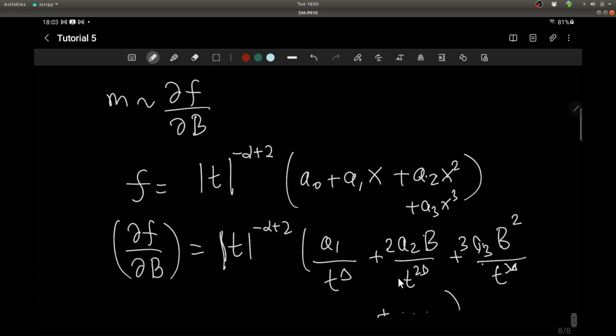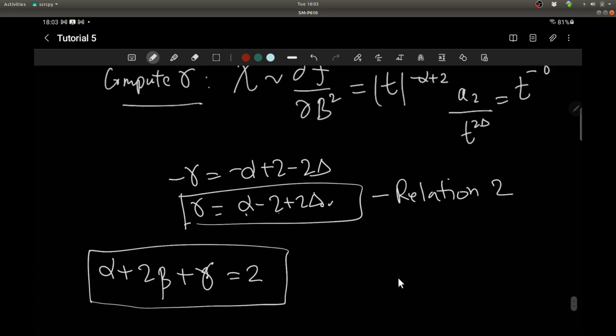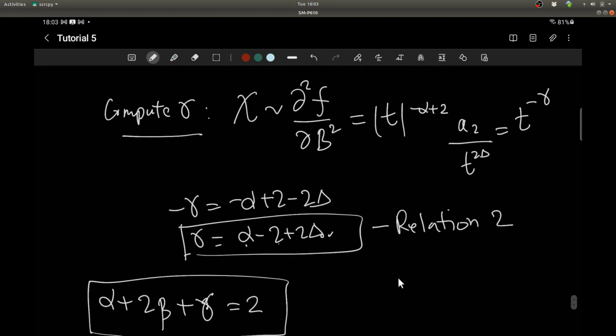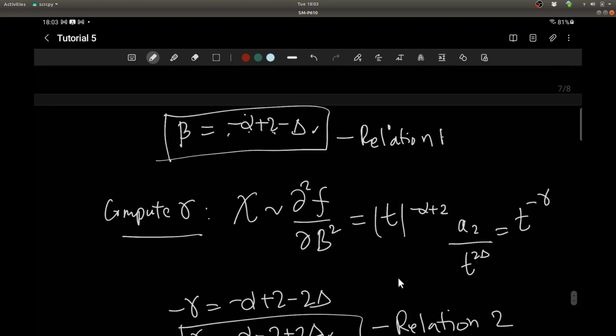We keep going. The point here is that one thing I didn't work out is what delta is now. There are multiple relations, but we just want something involving delta, and beta is the one which involved m.